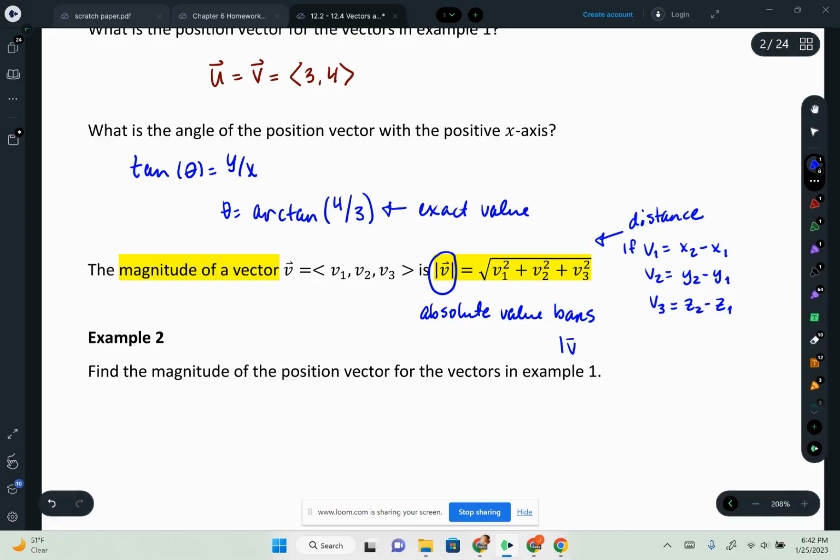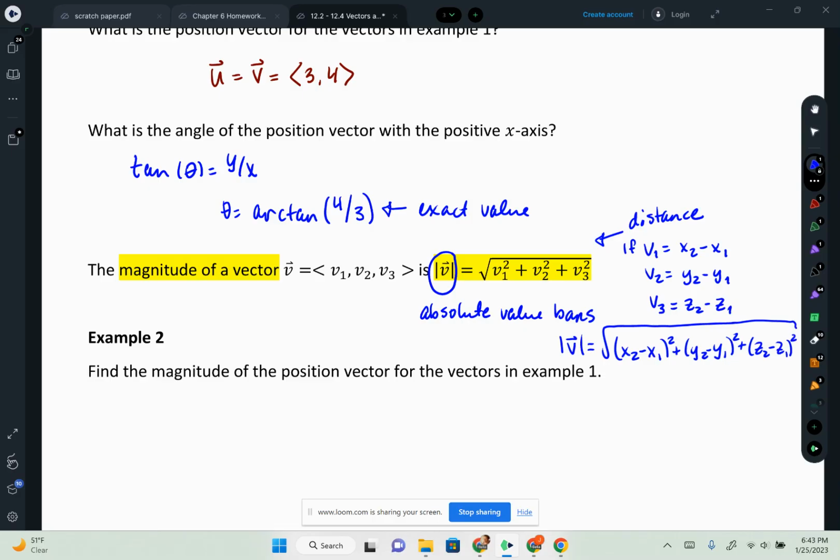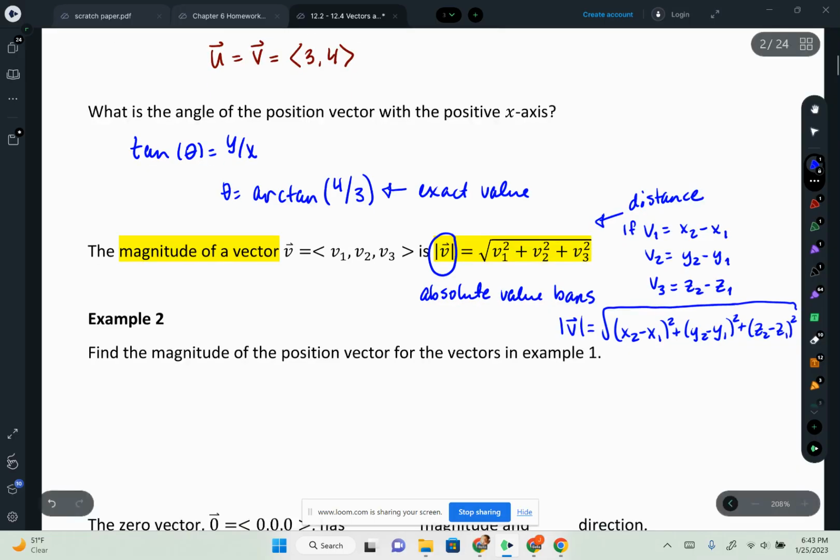So then the magnitude of v equals the square root of x2 minus x1 squared plus y2 minus y1 squared plus z2 minus z1 squared, which is exactly our distance formula that we were using in 12.1. So hopefully just seeing that tie in, yes, we have new notation, but really we're not using anything new. Hopefully that's helpful in how you remember how to calculate a magnitude.